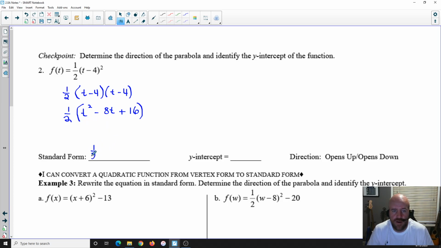So we have 1/2 t squared, a negative 4t, and a positive 8. The y-intercept is going to be (0, 8). And we have a positive 1/2 out front, so that tells us we are opening up.